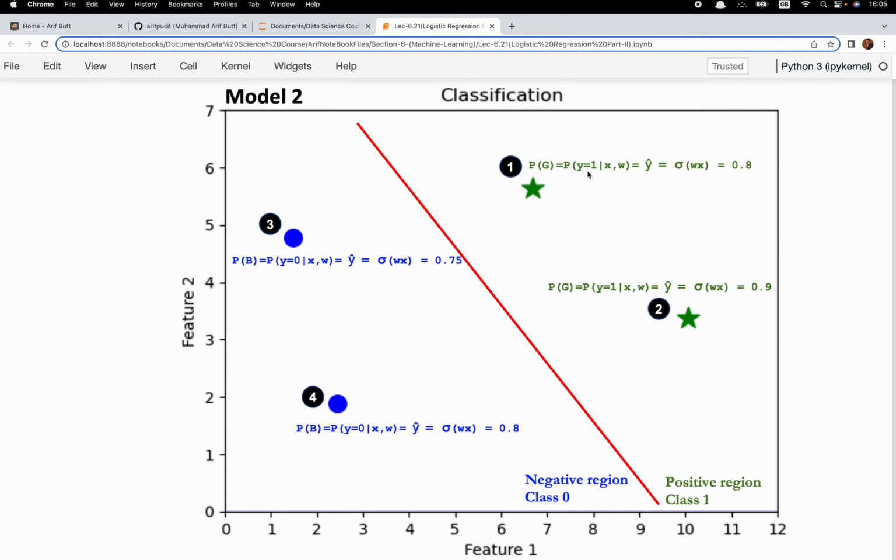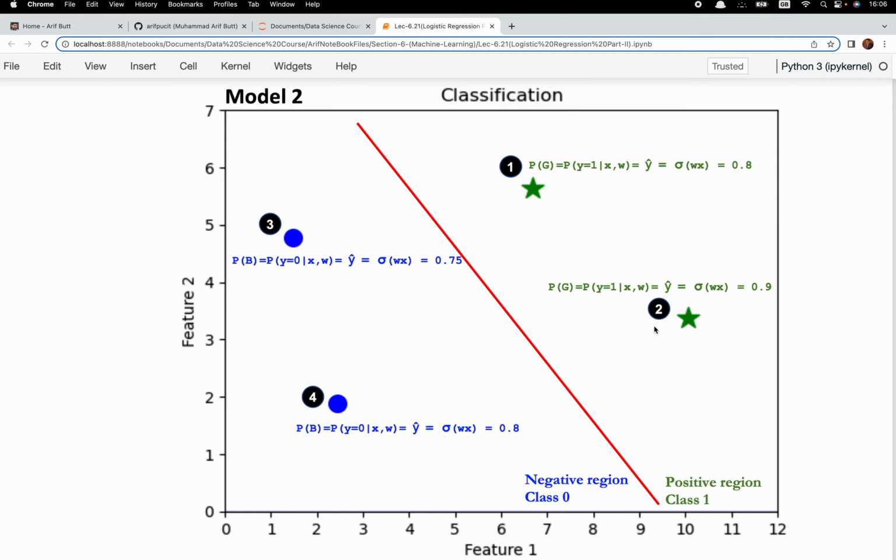Suppose we also know the weight vector, which is graphically represented by this red line. And suppose we compute z and then pass it to the sigmoid function, and somehow we get a value of 0.8. This means the model predicts that there is an 80% chance that this data point 1 belongs to class 1.